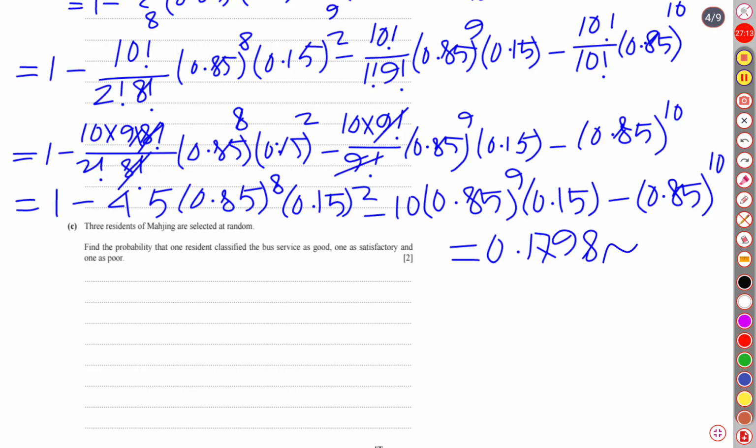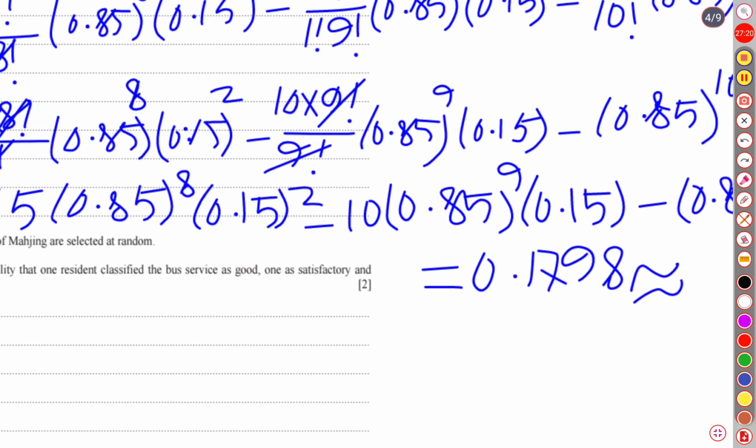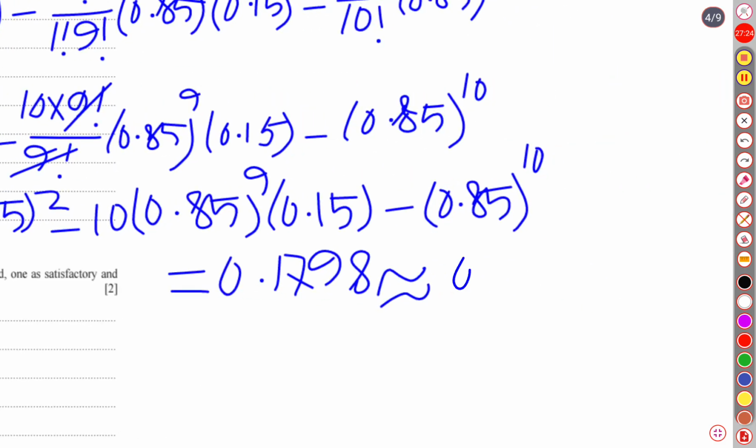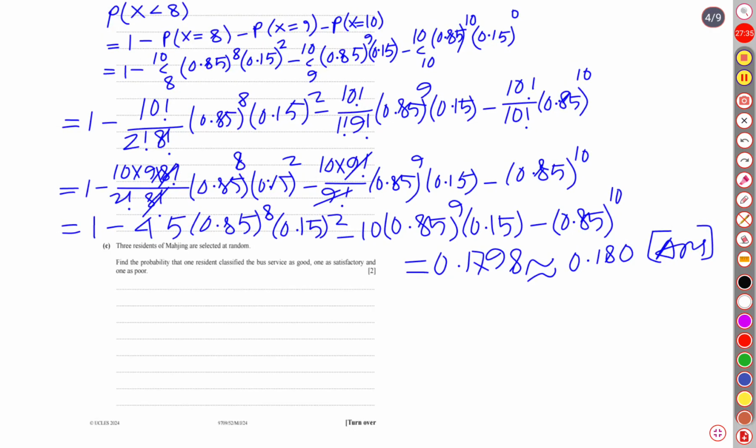If we round it to three significant figures, it is 0.180. That is our probability. So this is how we can solve this very simply.